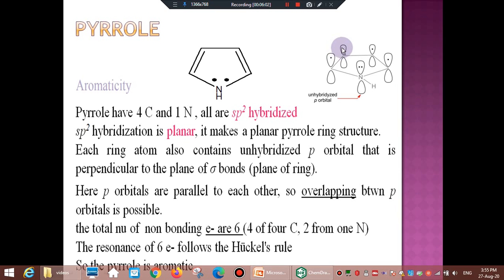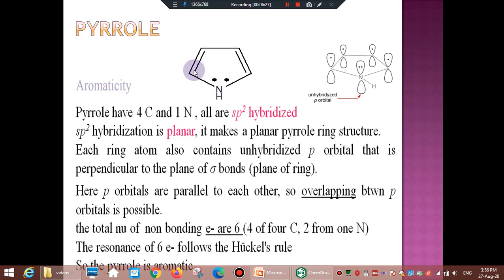The p orbitals present on adjacent carbon atoms overlap with each other sidewise to form a pi bond, like this. And these two p orbitals overlap sidewise to form another pi bond. So we have two pi bonds and one lone pair of electrons.